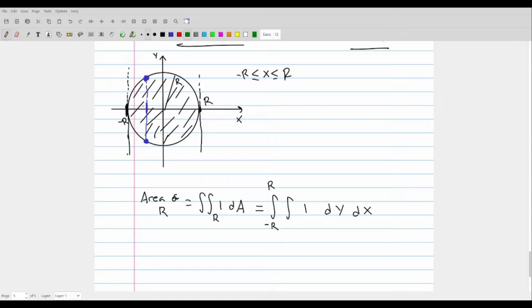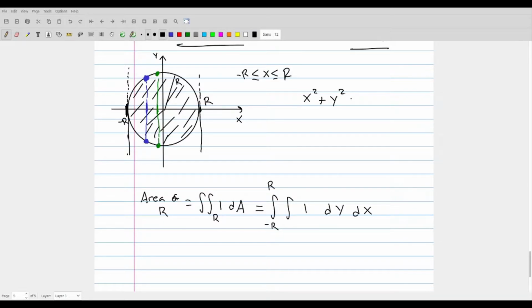If we look at this point right here, it's going to have a different lower bound and a different upper bound than this point right here. So we have to include that in the bounds of integration for y when we figure this out. So what this means is that we have to figure out exactly how y depends on x for the upper and lower part of this boundary.